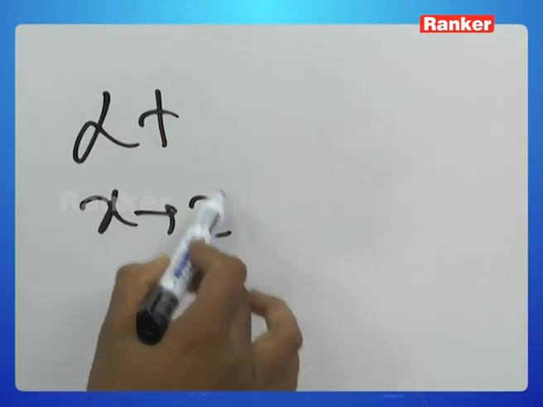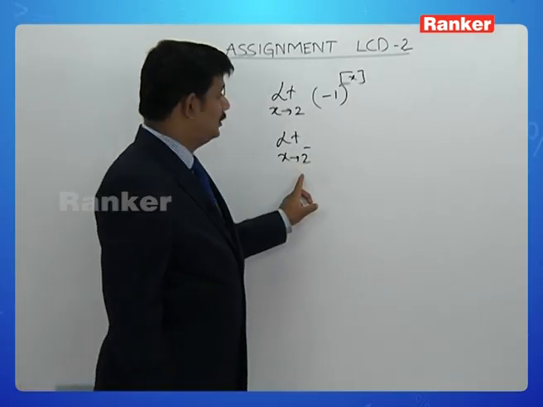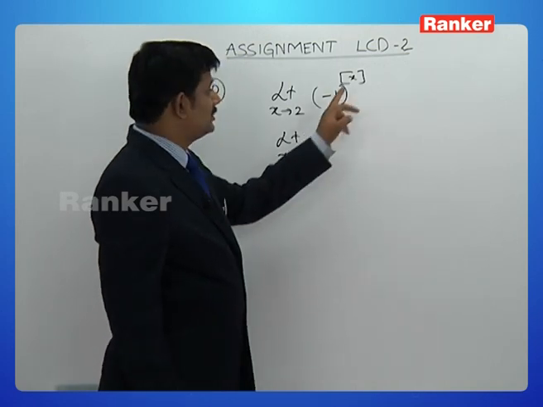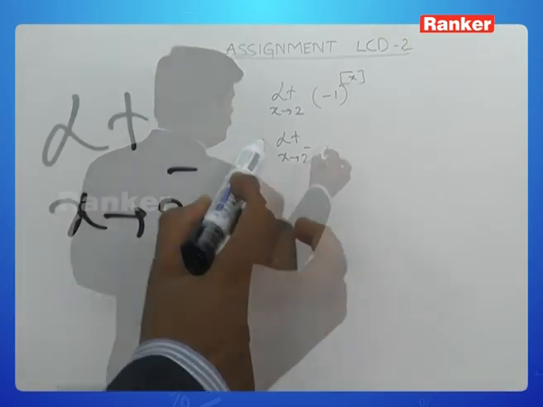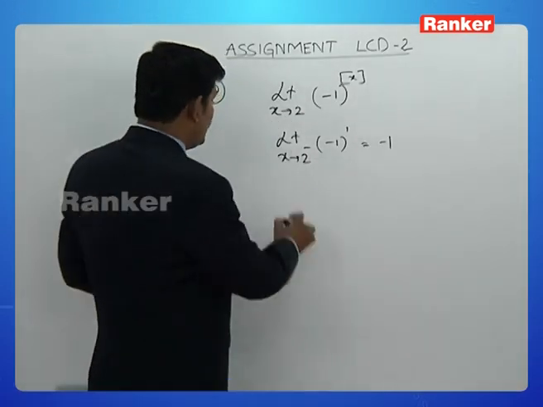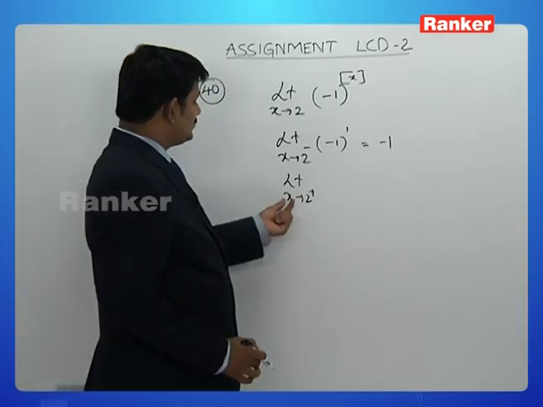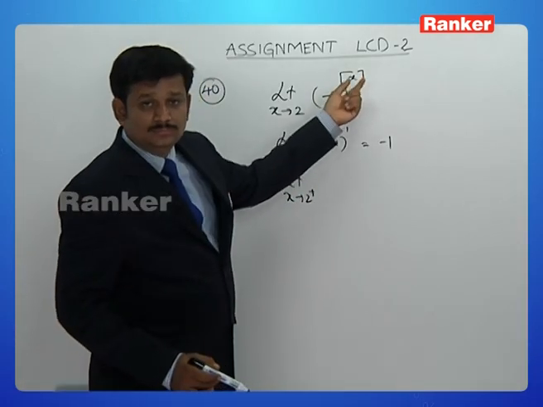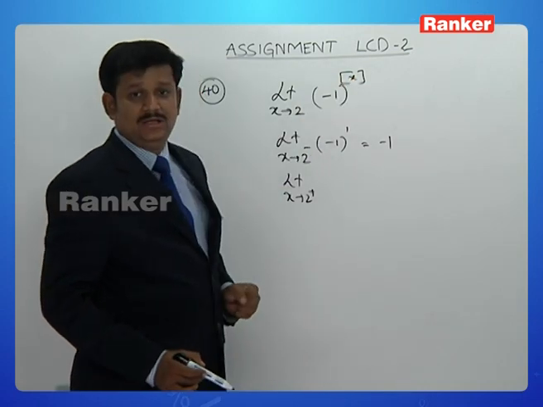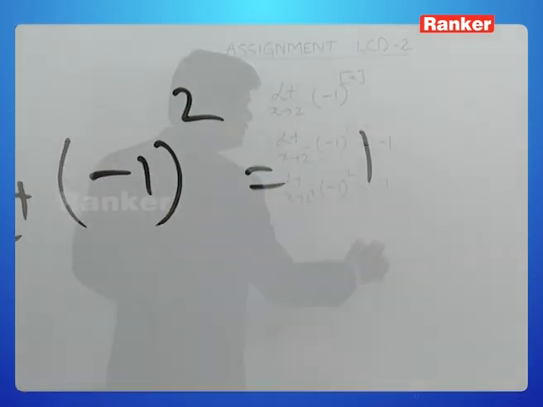Left hand limit, as x tends to 2 minus, x is slightly smaller than 2, and integral part of x is 1. So, this will be minus 1 raised to 1, which is minus 1. In the right hand limit, x tends to 2 plus, x is slightly greater than 2, integral part of x is 2. So, this is minus 1 raised to 2, which is 1.